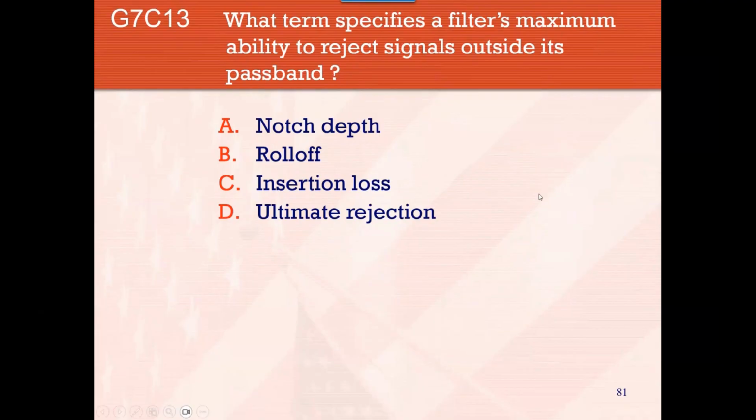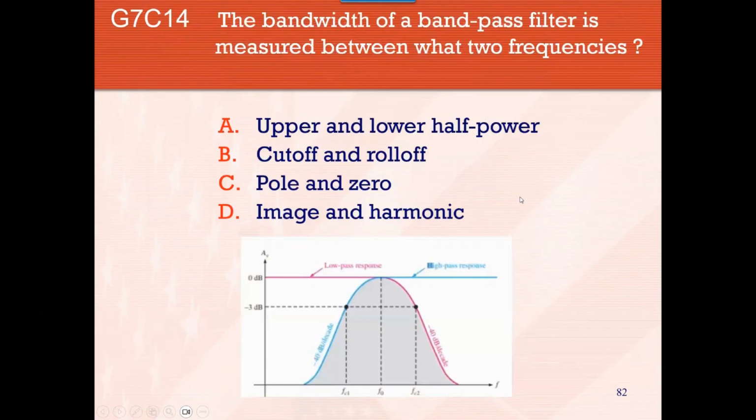What term specifies a filter's maximum ability to reject signals outside of its passband? This is an easy one. Ultimate rejection. We're not talking about lovers here. We're talking about signals. The bandwidth of a bandpass filter is measured between what two frequencies? Now, a band pass filter is a combination of a low pass and a high pass together.